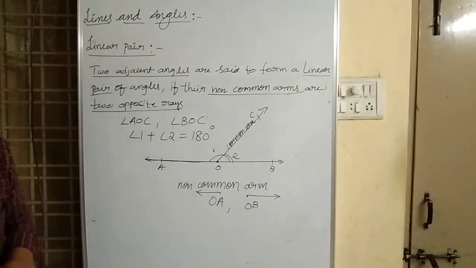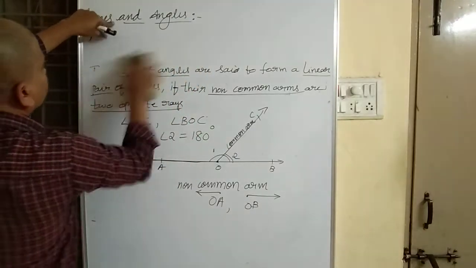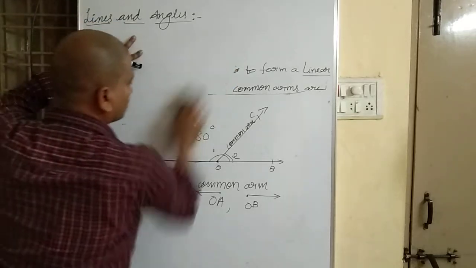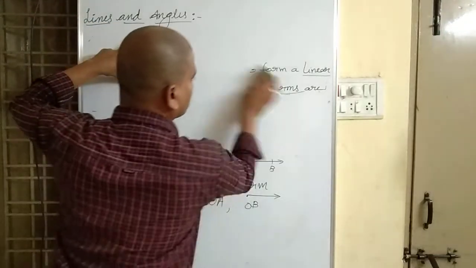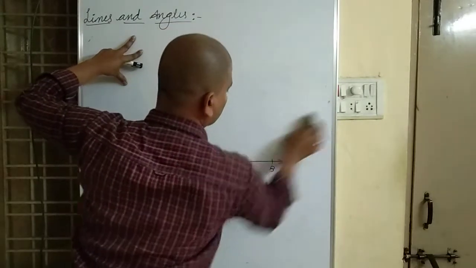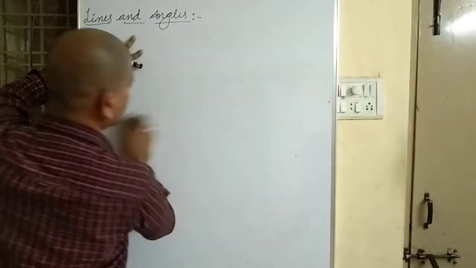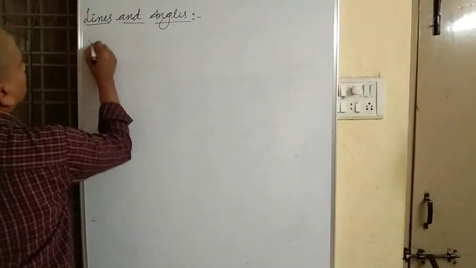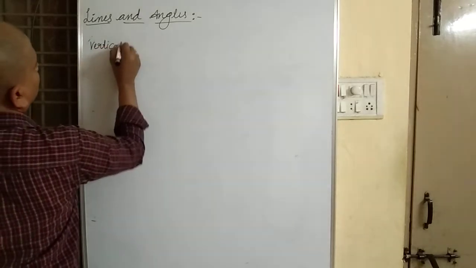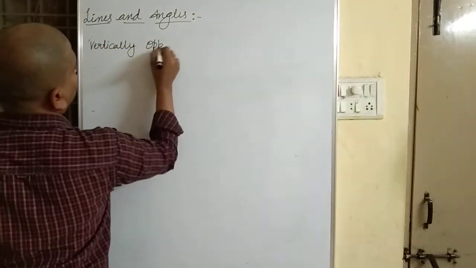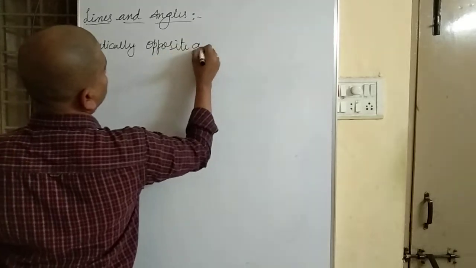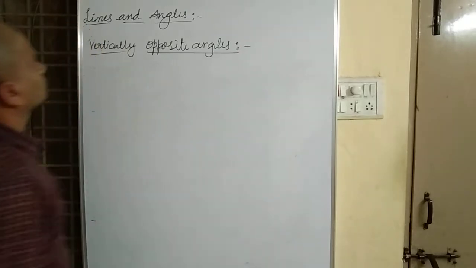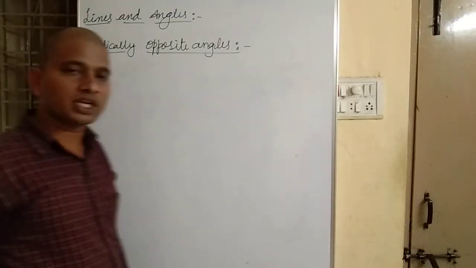Now coming to vertically opposite angles. What do you mean by vertically opposite angles?